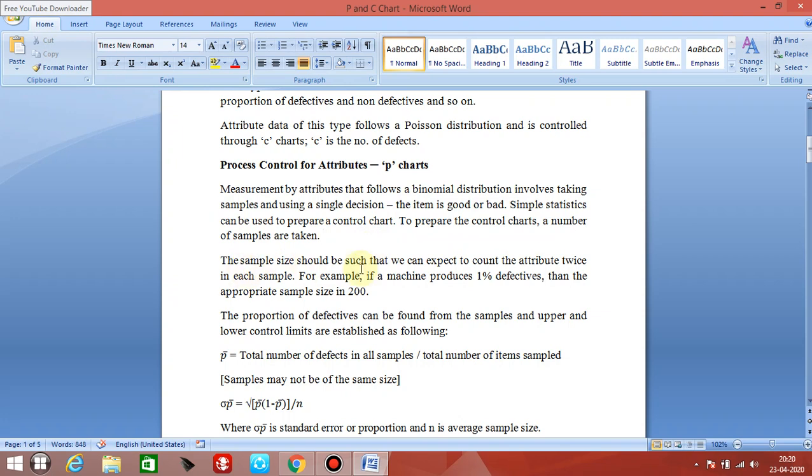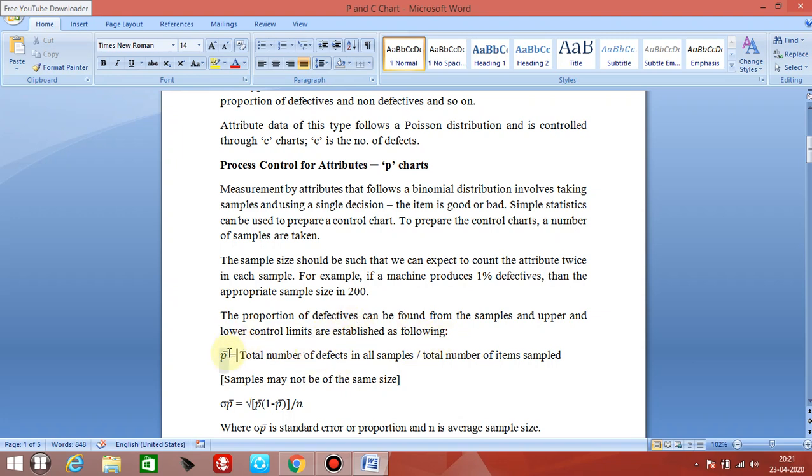The sample size should be such that we can expect to count the attribute twice in each sample. For example, if a machine produces 1% defectives, then the appropriate sample size is 200.